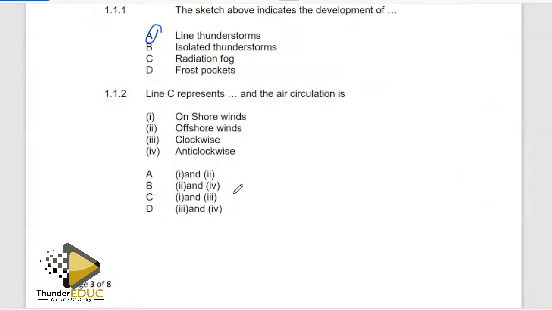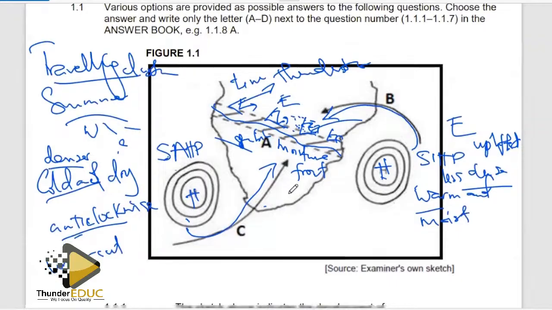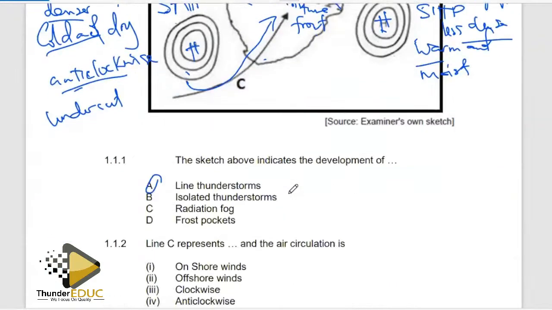Line C represents dash, and the air circulation is dash. Right, if we check on line C, we are seeing that C is indicating the movement of air from the South Atlantic high pressure going into the interior. So what kind of winds are they?